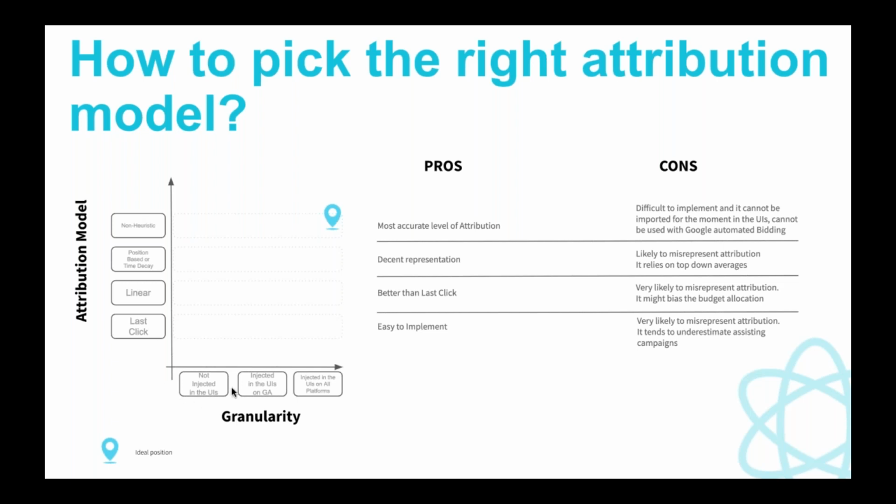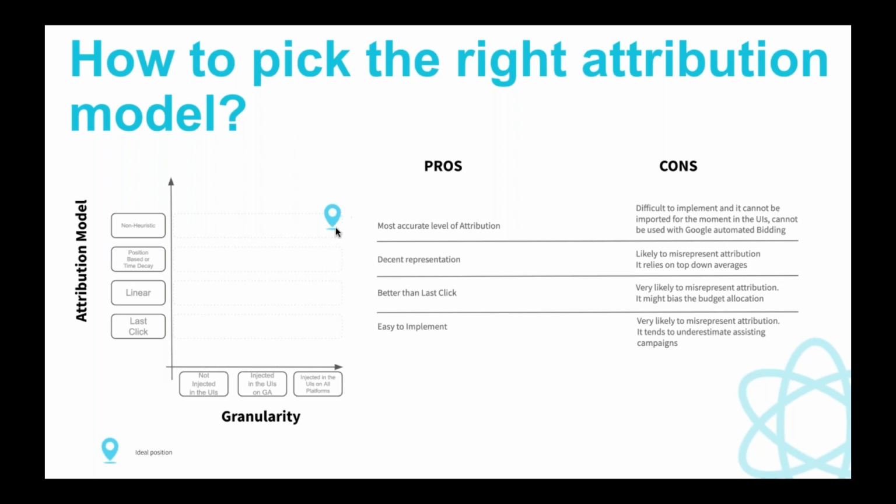On the X here, we actually have the different levels of granularity. We can have data in the interface of Google Ads, in the interface of Google Ads and Analytics, or injected across all platforms. So imagine also Bing, Facebook, Criteo, everything. For non-heuristic models, to be in the ideal position, in some cases the technological solution to inject the correct data back into the platforms is not only not trivial, but actually non-existent.